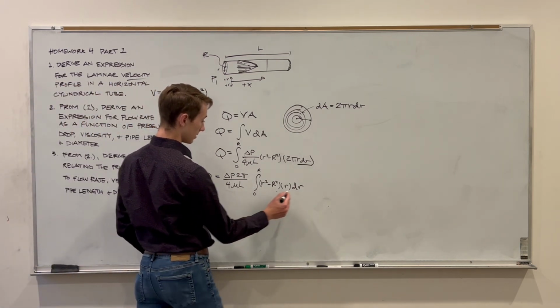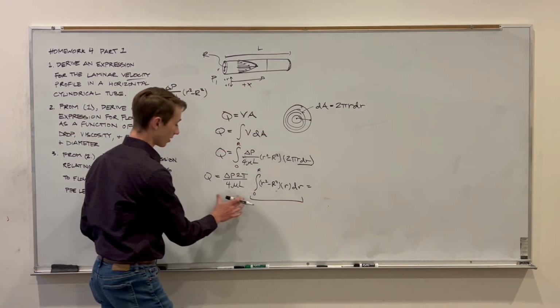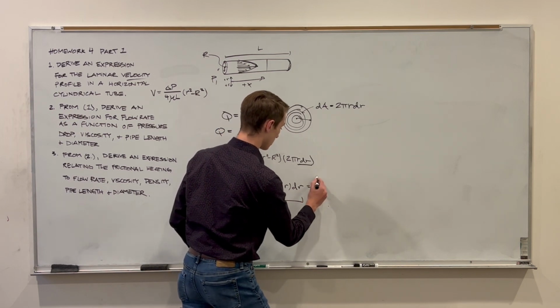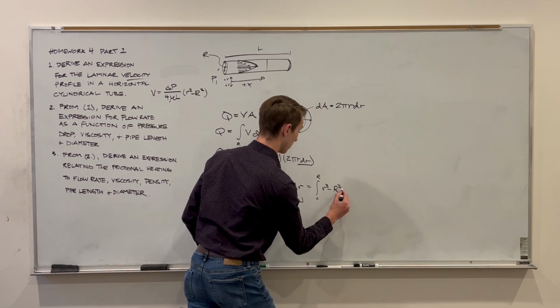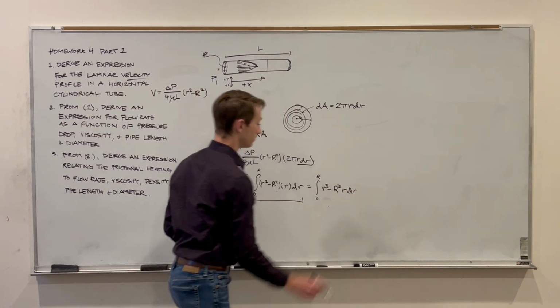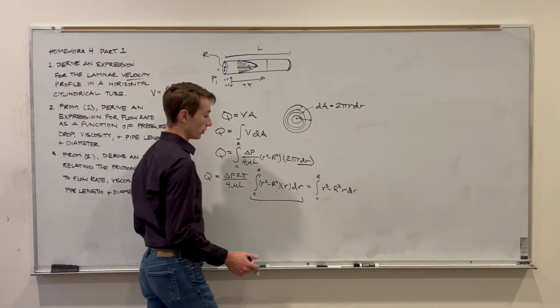This is the same as saying, I'm just going to keep this moving over and we'll transfer the constant down in front. The integral from 0 to R of R squared r minus r cubed dr. All right, and now we can go ahead and integrate. It's pretty simple now.